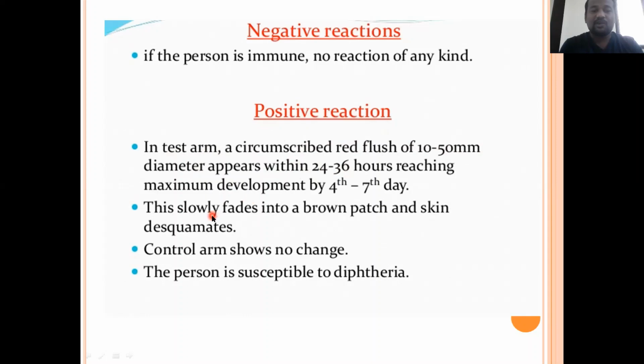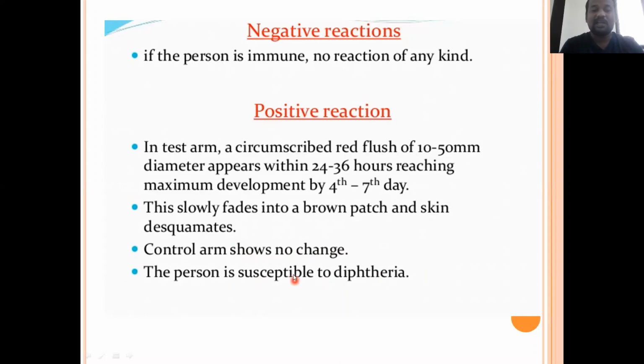Later on, it slowly fades into a brown patch. That means a positive reaction. At the same time, the control arm shows no change. That means the person is susceptible to diphtheria.